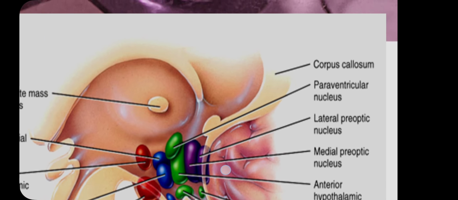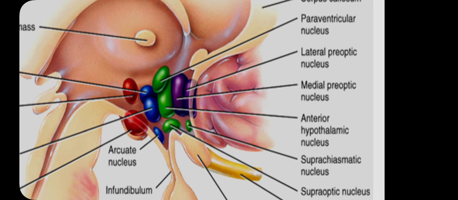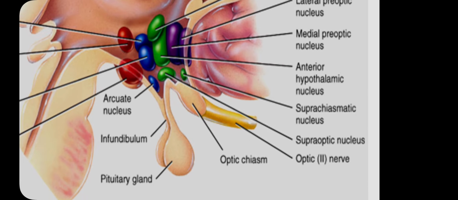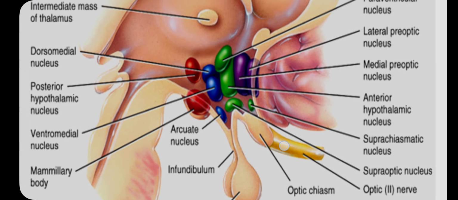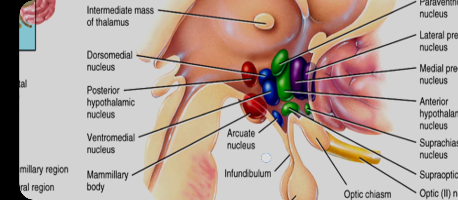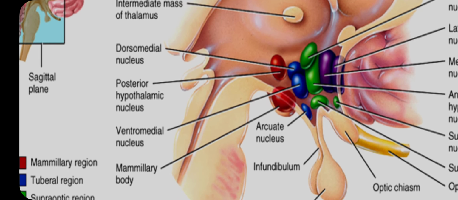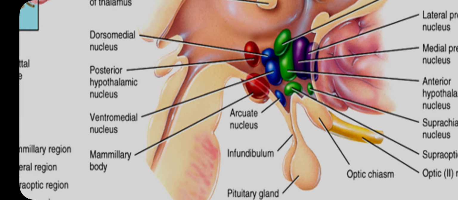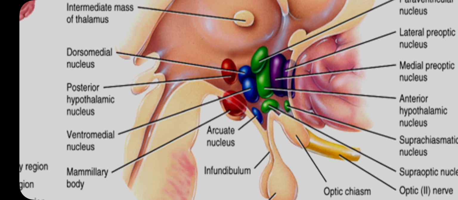As you can see in the diagram, the supraoptic region is divided into the paraventricular nuclei, anterior hypothalamic nuclei, suprachiasmatic nuclei, and supraoptic nuclei. Whereas the next, the tuberal area, is divided into the dorsomedial nucleus, ventromedial nucleus, and the arcuate nucleus. You can see the arcuate nucleus is important.